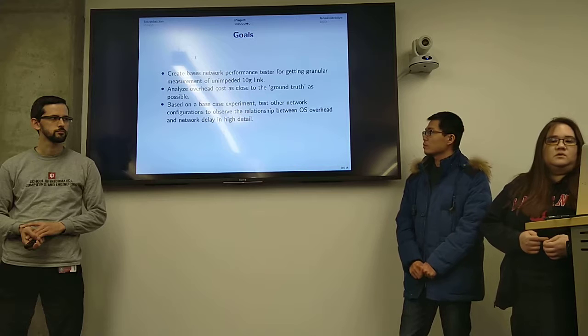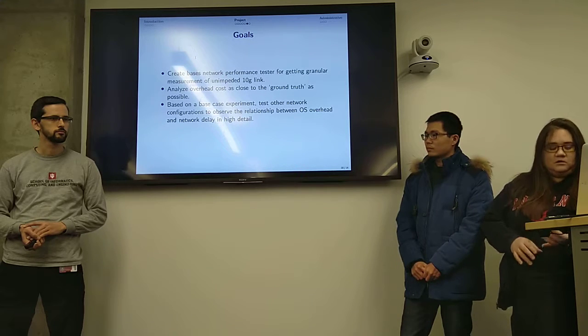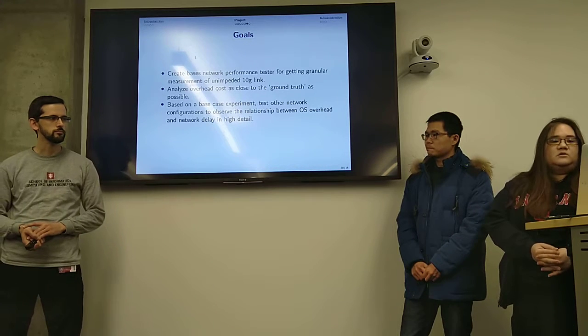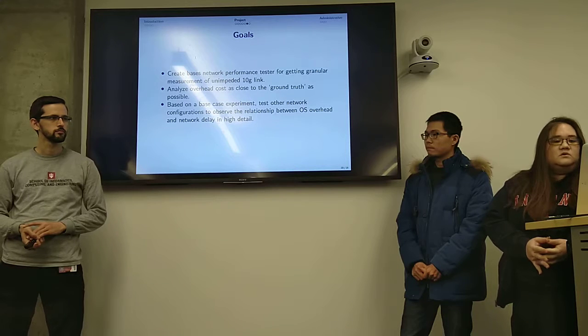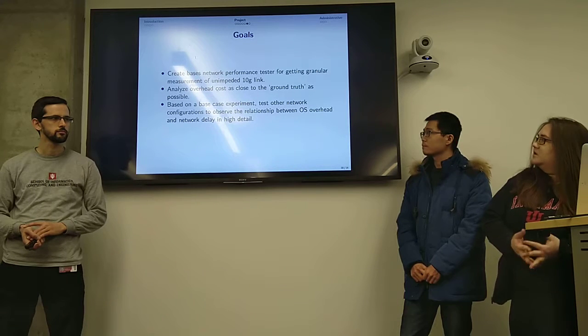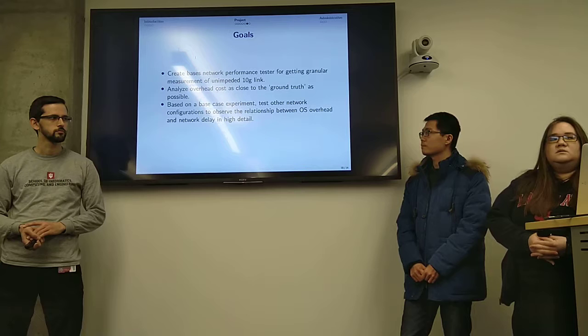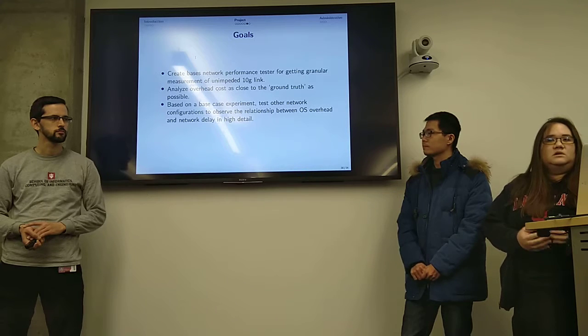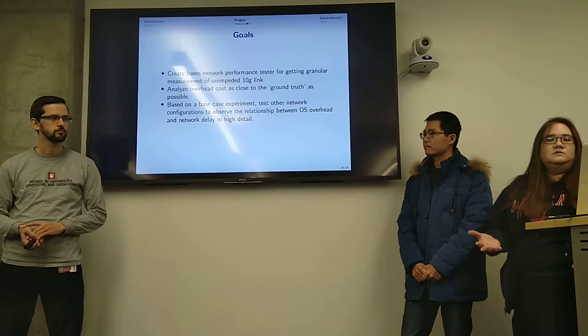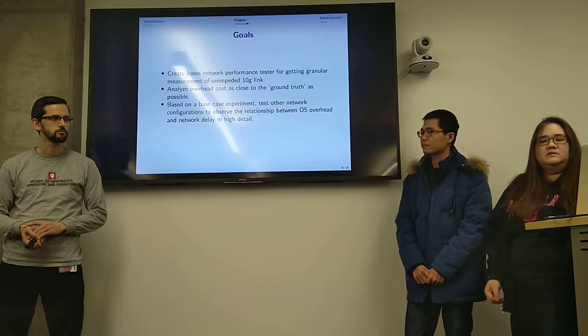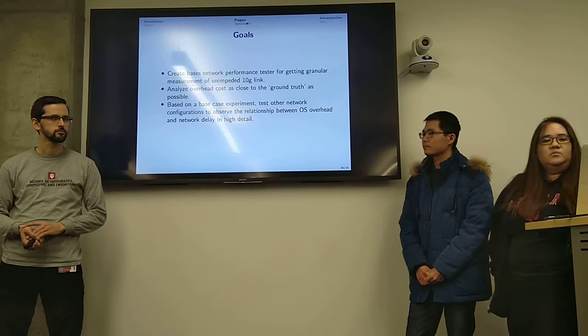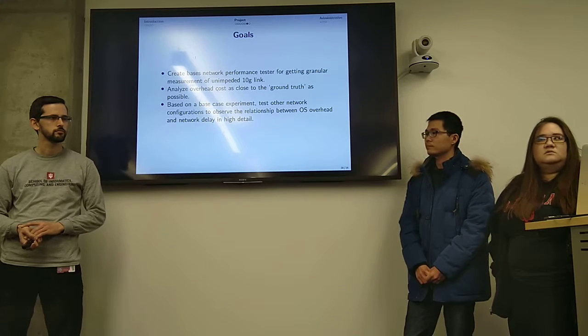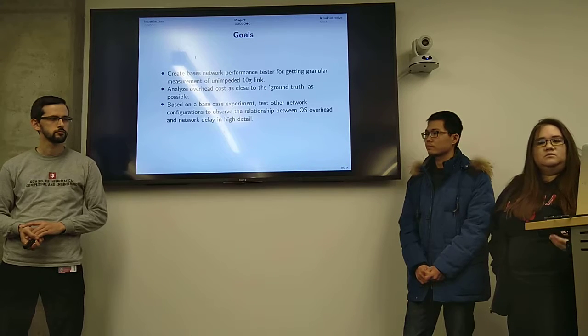That's something we want to avoid, and we think that with the FPGA model and the hardware, we might be able to do a better job of that. So we're going to take a particular base case to experiment with and test other configurations to see the relationship between overhead and network delay, and sort of dive into that a little bit. Something that's normally opaque, since everything is so low level and stripped down, it's much easier to see what's going on.